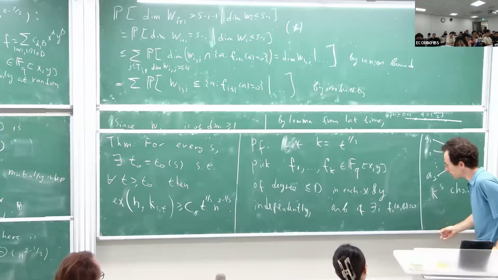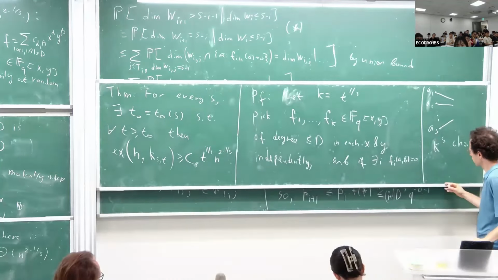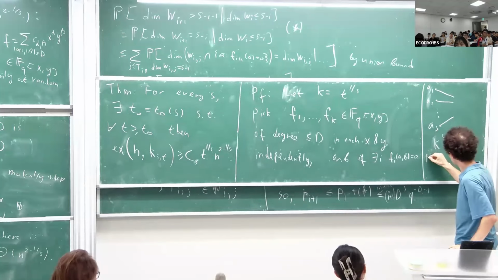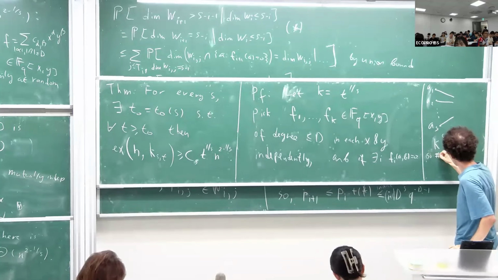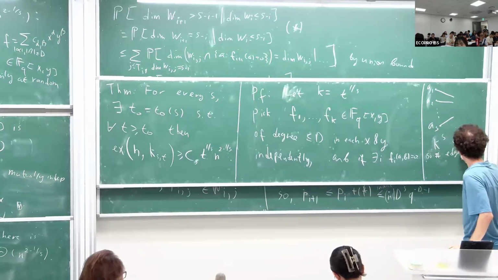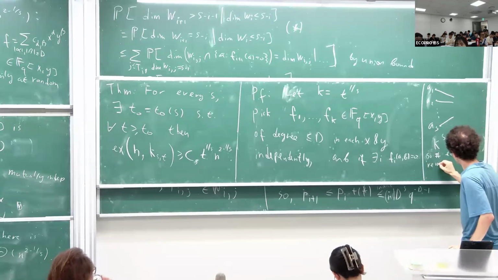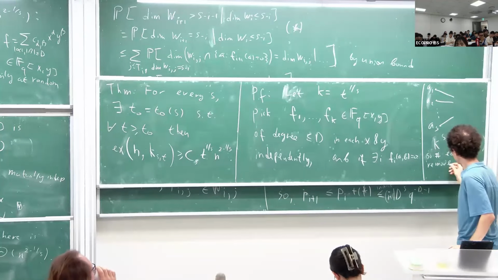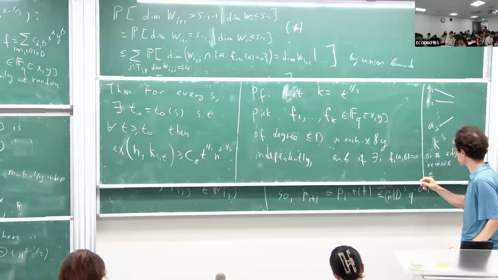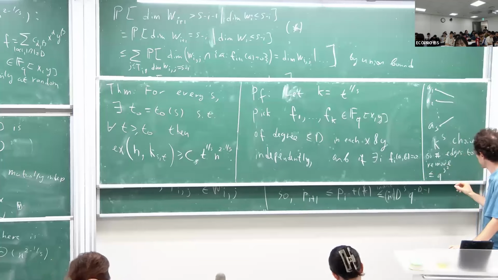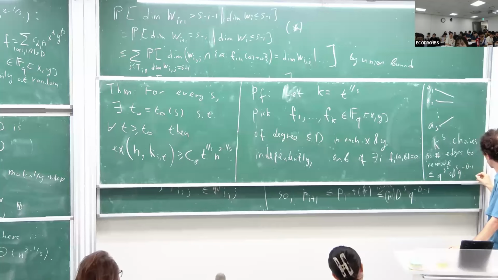So our probability of failure, the number of edges to remove, is in expectation at most that quantity, q to the s squared, s, d to the s, q to the minus d minus 1, and now we're going to multiply it by K to the s.